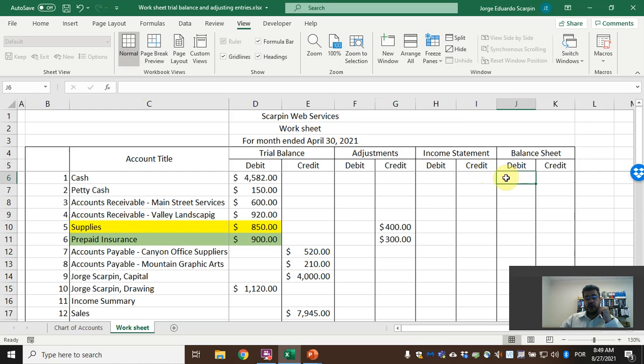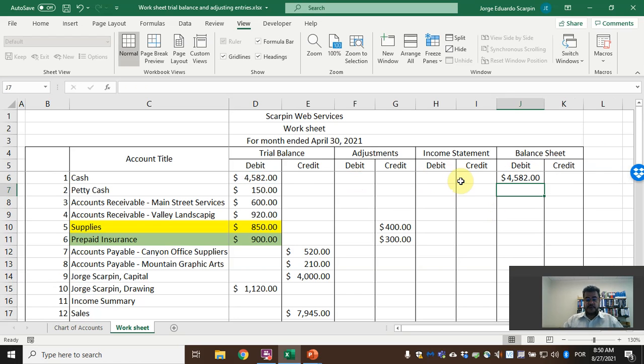So how do we do that? The trial balance plus and minus the adjustment. So for the assets, trial balance plus the sum of our debits less our credits.